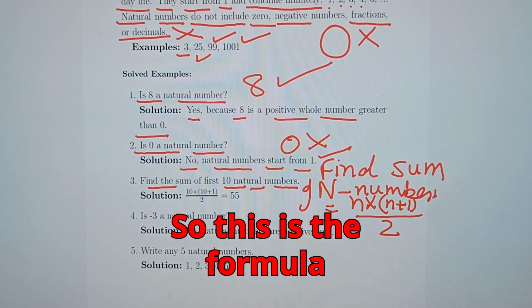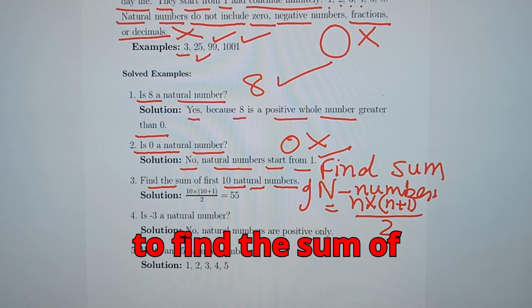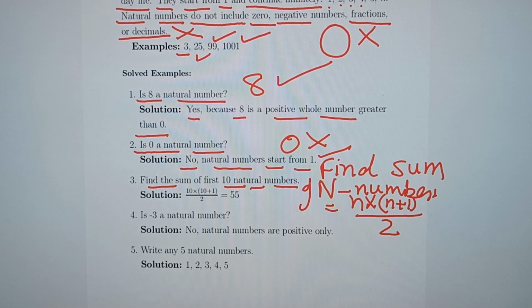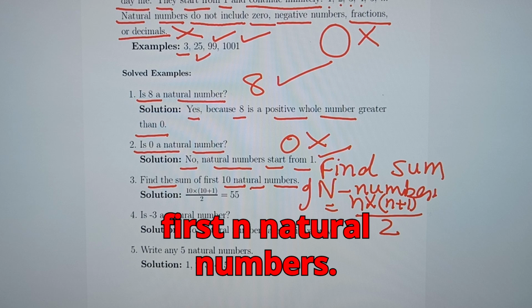So this is the formula to find the sum of first n natural numbers.